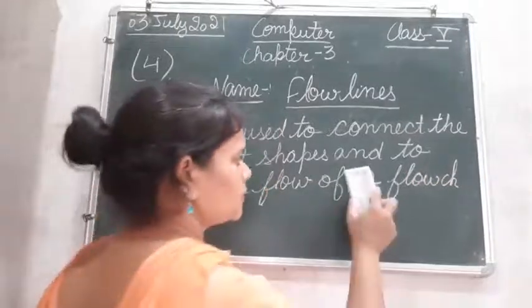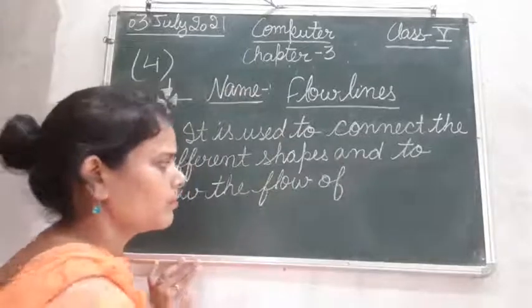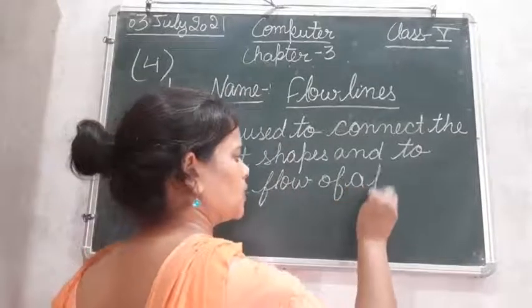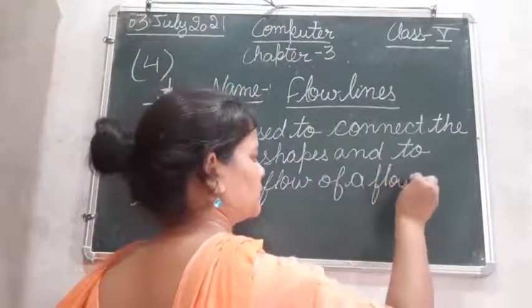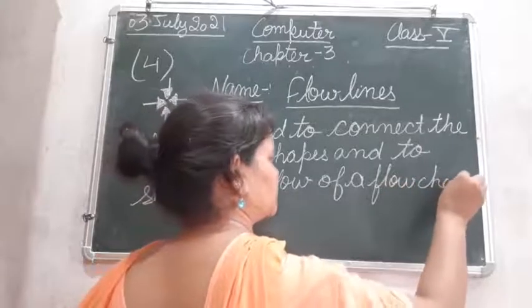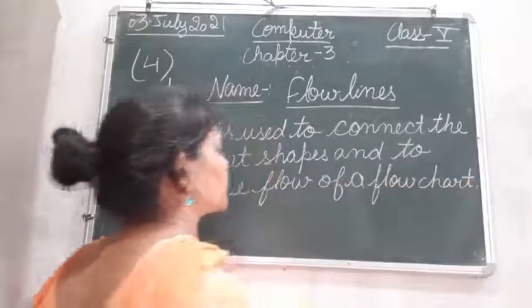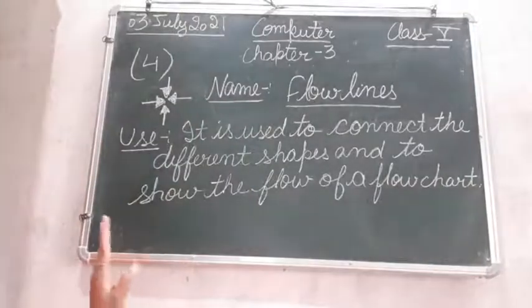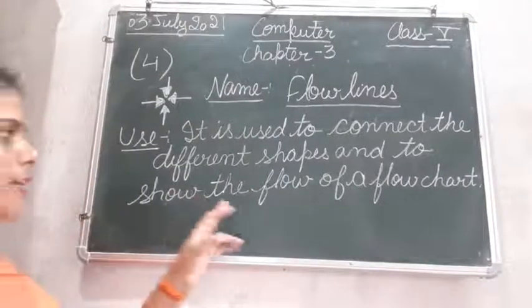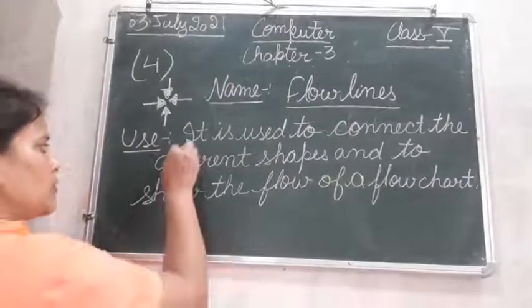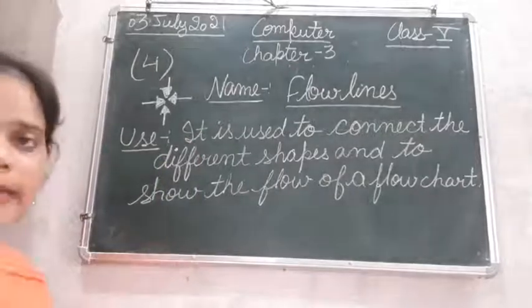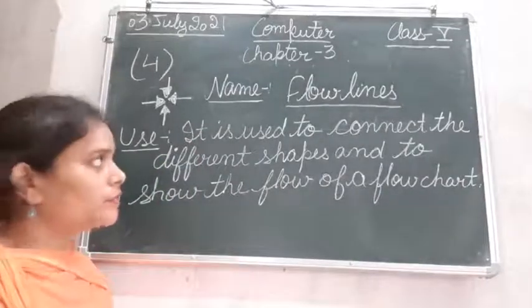Full stop. So it is used to connect the different symbols, shapes, and to show the flow of the flow chart. Clear? So this is the fifth one.